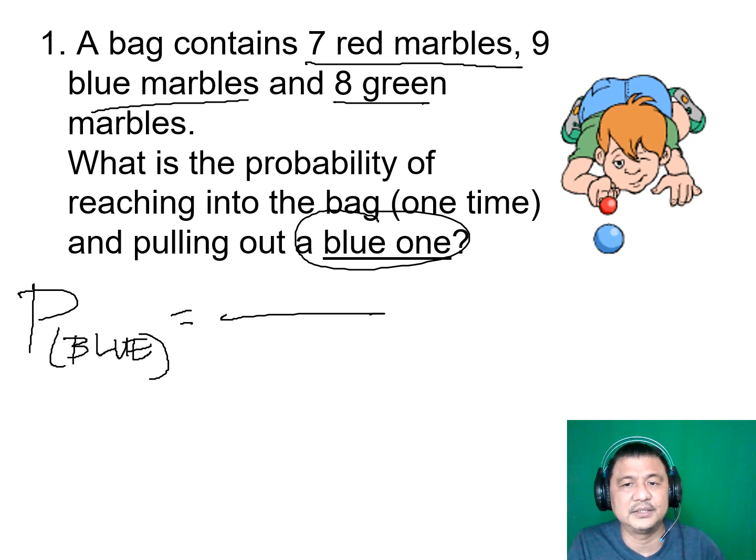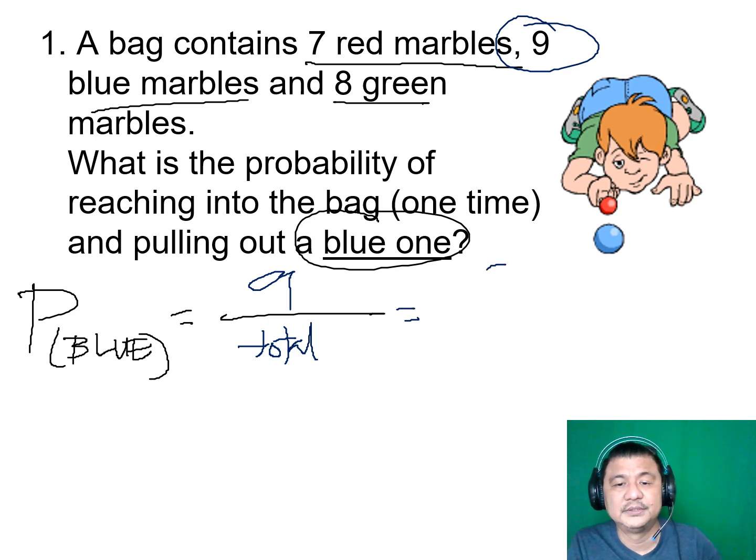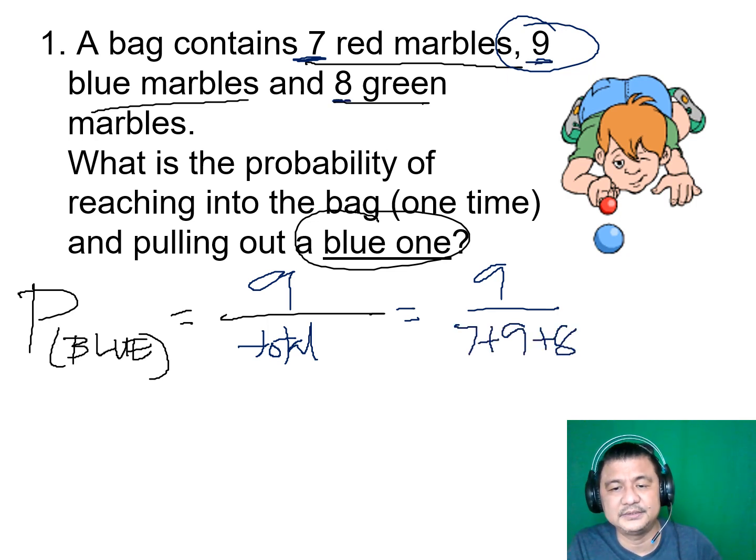Look at the bag, it's obviously 9, so 9 goes up over the total possible outcomes, which is what? 9 over, let's add the 7 plus 9 plus 8. 7 plus 9 is 16, plus 8 is 24.